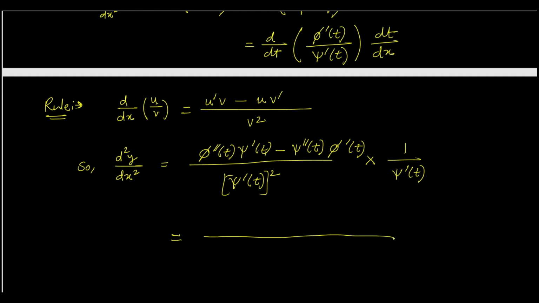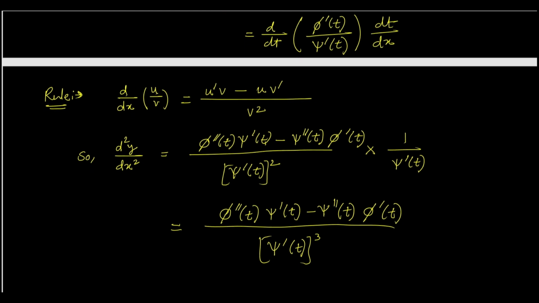So it will become psi dash of t whole cube on the numerator, that is phi double dash of t psi dash of t minus psi double dash of t phi dash of t.